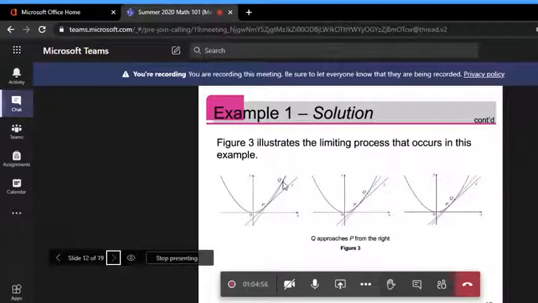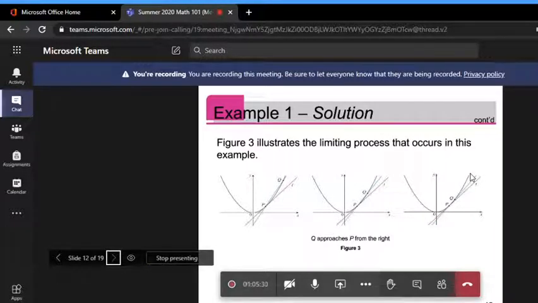So they took this arbitrary point Q, and they built a secant line. We call it a secant line, S-E-C-A-N-T. It's a line that goes through 2 points on the curve, okay? And next, they move this Q towards P. And in the third one, they move it a lot closer to P. Each time, they draw the secant line. This is the first secant line, this is the second, this is the third.